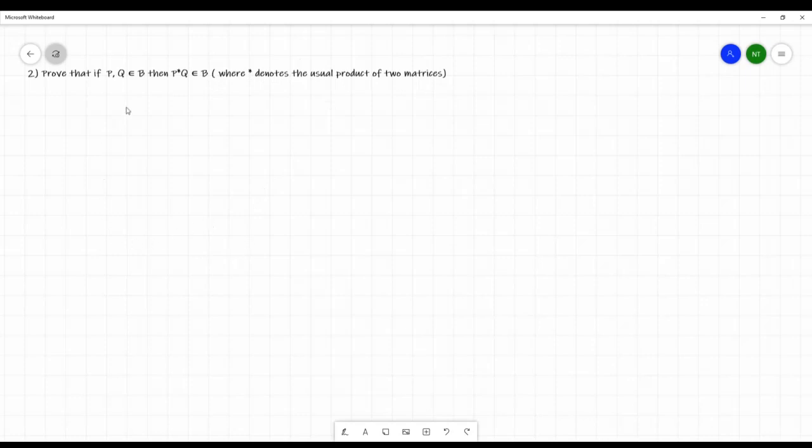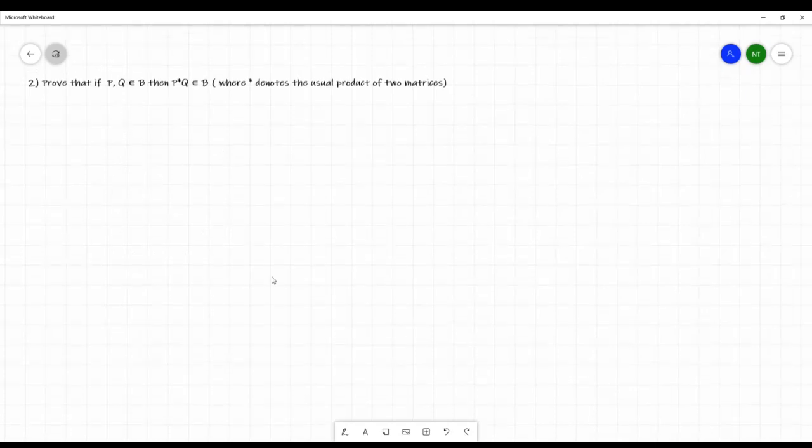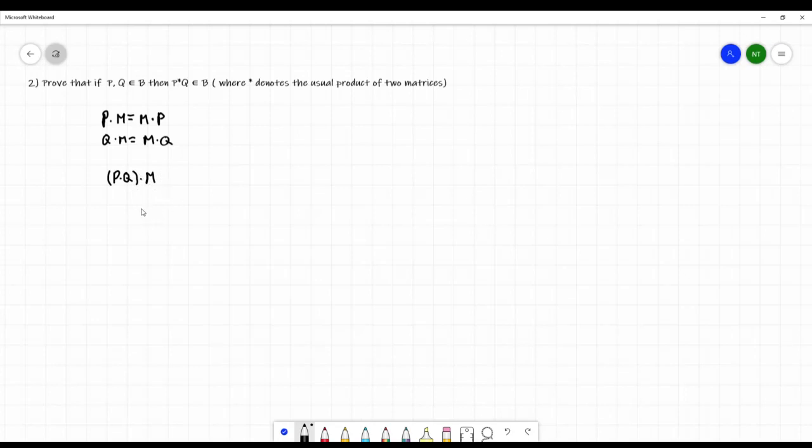P and Q are in B. As above, now we want to see if PQ is in B. We take P times Q times M and want to show that this is equal to M times P times Q. By the associativity of multiplication, we could rewrite this as P times (Q times M).